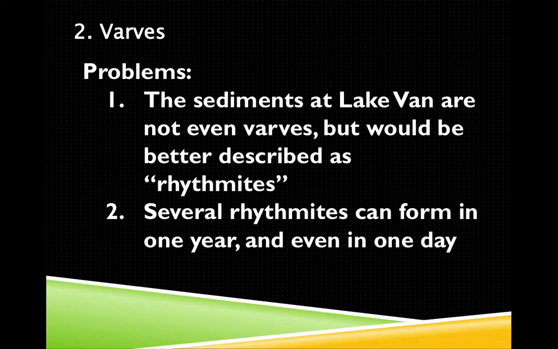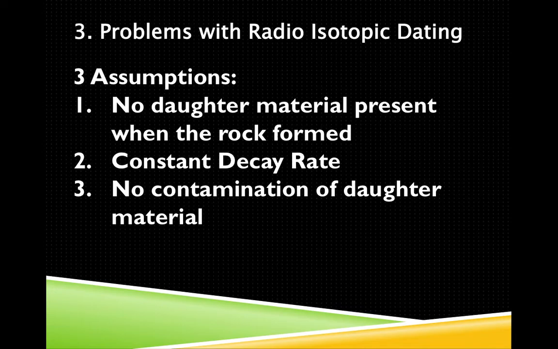Now, the one that we're going to talk about the most is the problems with radioisotopic dating. And this is the most commonly used method of trying to date igneous rocks. Now, radioisotope dating does not work on sedimentary rocks, doesn't work on metamorphic rocks, but it does work on igneous rocks.